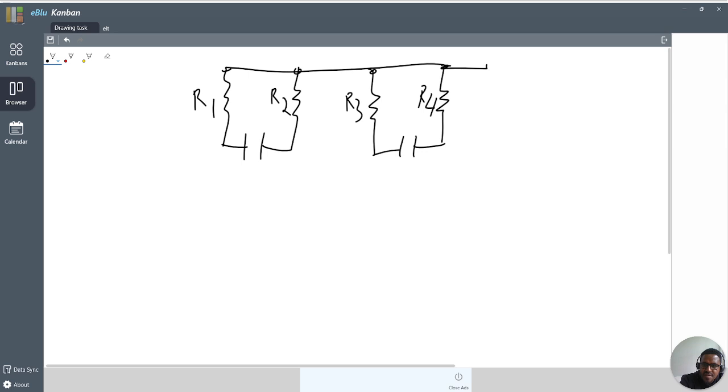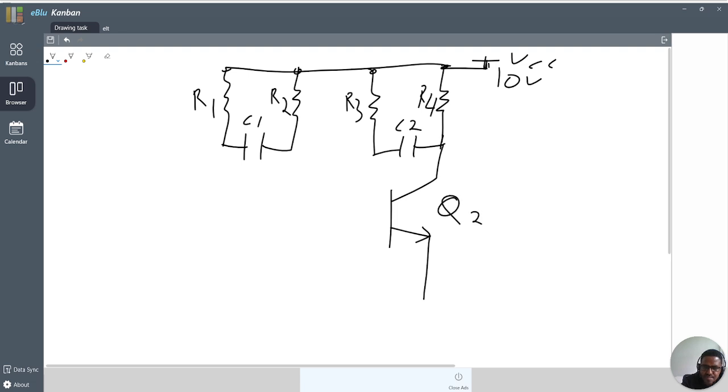Also we can give VCC, let's say for example 10 volts. This is C1, C2. Then from this R4 biasing to the collector of, let's say for example, this one is Q2. This is the collector, emitter, and the base comes from the second transistor.